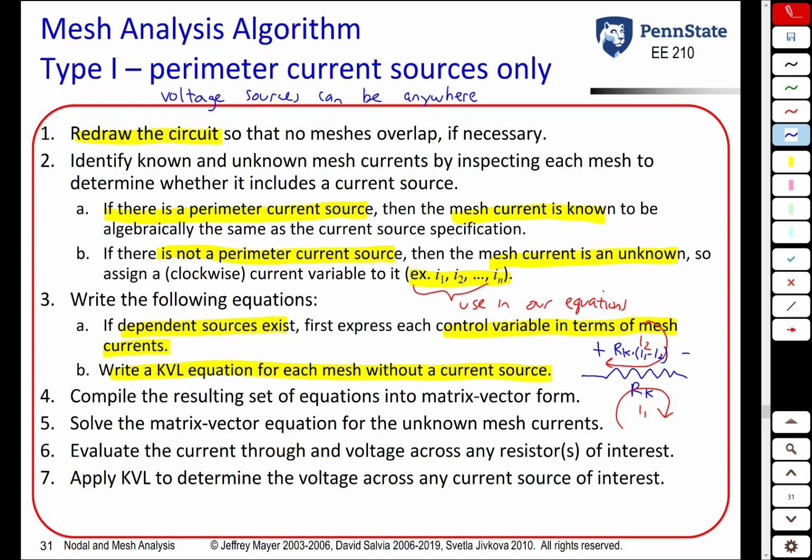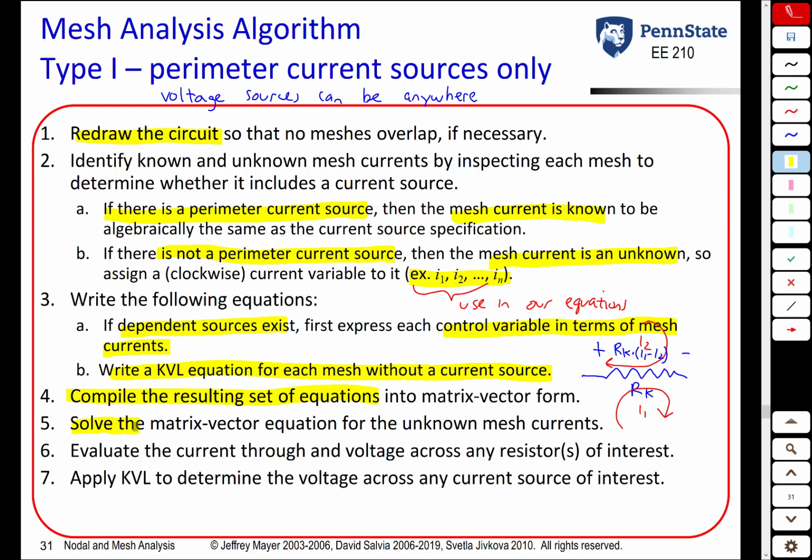And we're going to see that this is an important part of this algorithm. So you write a KVL equation for each mesh without a current source. If you have 3 unknowns, you're going to end up with 3 equations. 5 unknowns, you're going to end up with 5 equations. So you compile the equations and you solve to get your mesh currents.